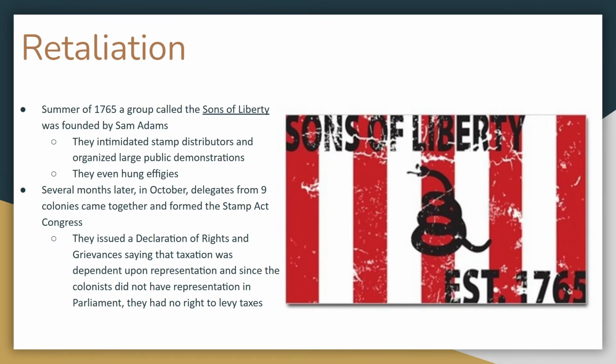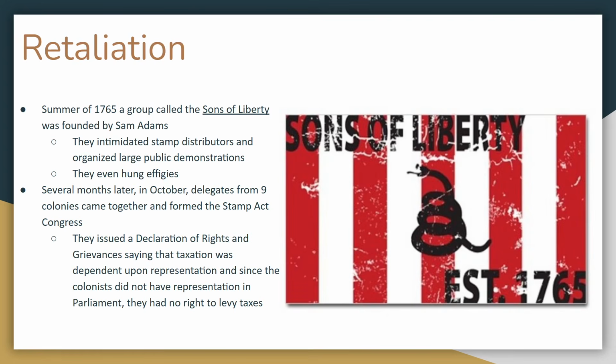So, summer of the following year, in 1765, the Sons of Liberty are founded by Sam Adams. And they were... vigilante isn't the right word, but non-traditional recourse is what they specialized in.